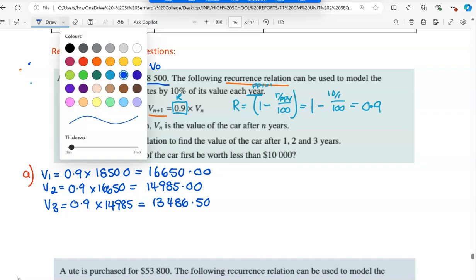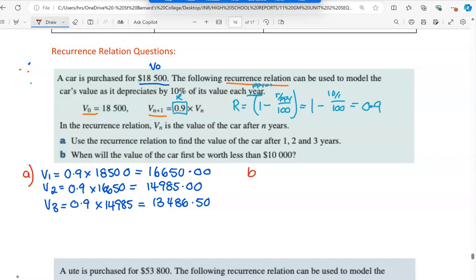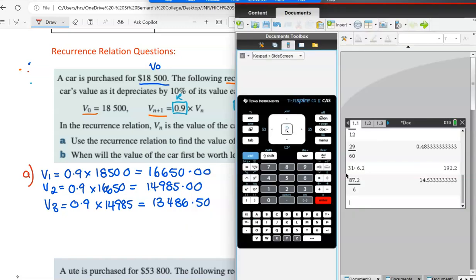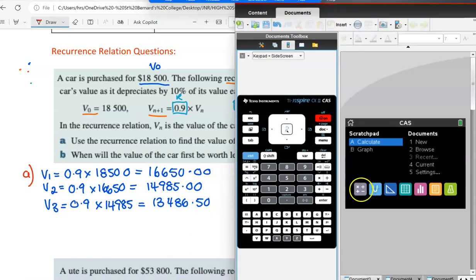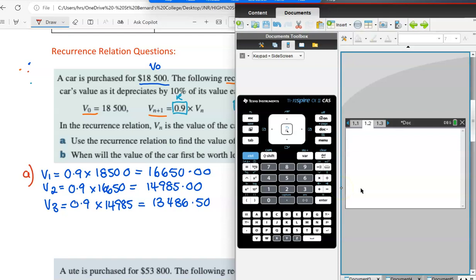And then it's asking us, when will the car's value first be less than 10,000? Remember, when we're doing these ones, it's probably easier to do it on our calculator recursively because we're not too far off. So we pop in the first one, press enter, then use the rule: times 0.9 and enter.